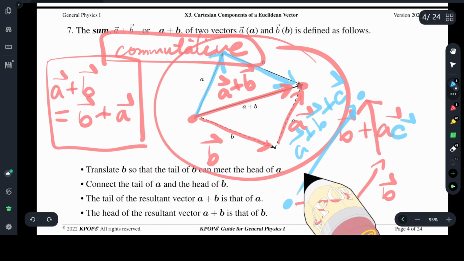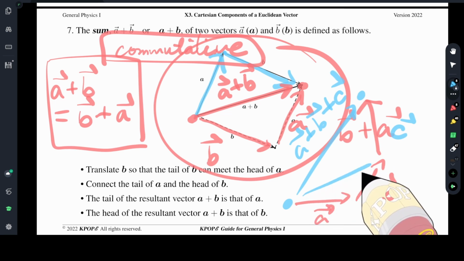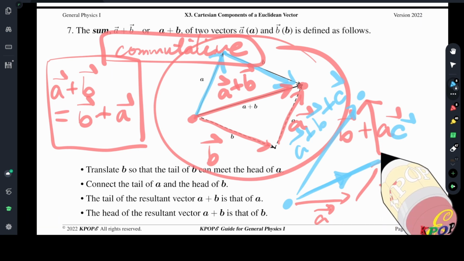Mathematicians like a more straightforward way: this is just A plus B first, and then C.